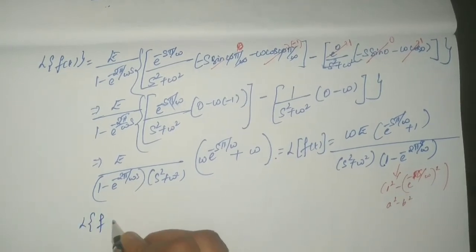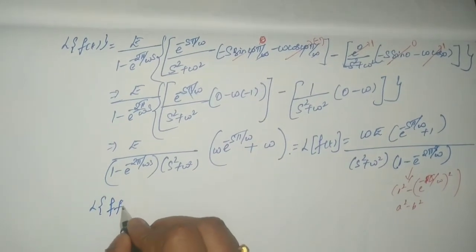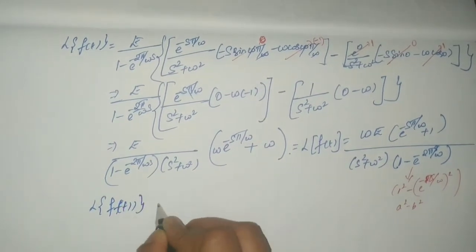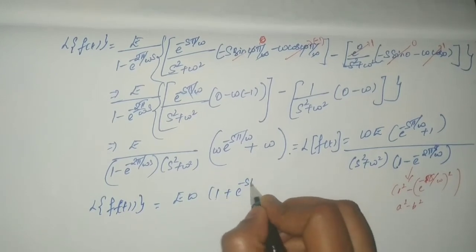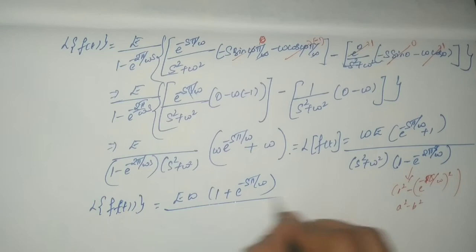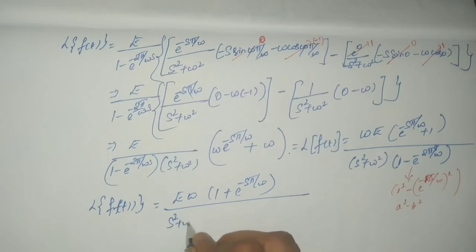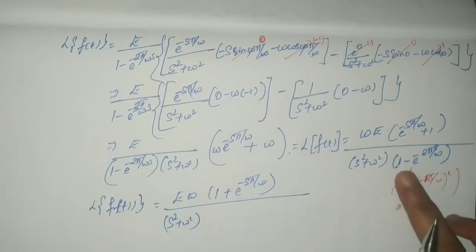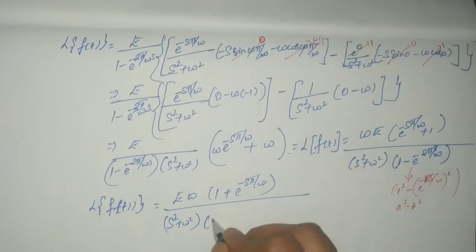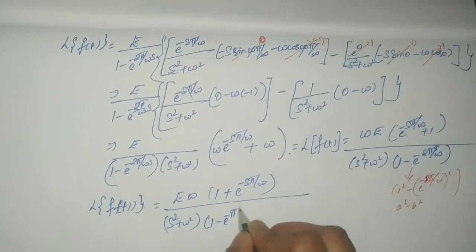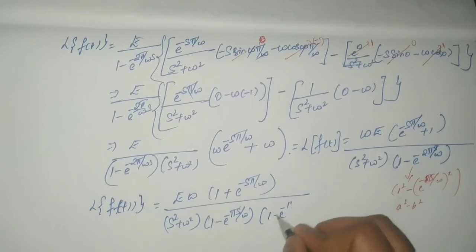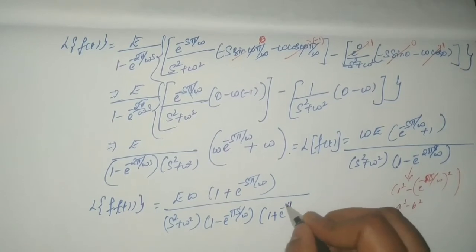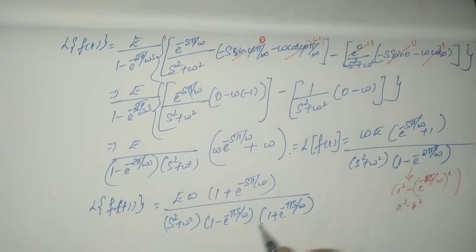So I can further simplify Laplace transform of f of t is equal to e omega into 1 plus e power minus s pi by omega by s square plus omega square, as I said, a square minus b square, a plus b into a minus b, right?